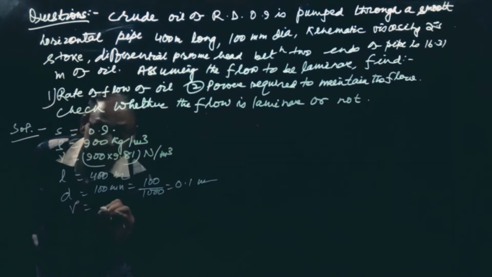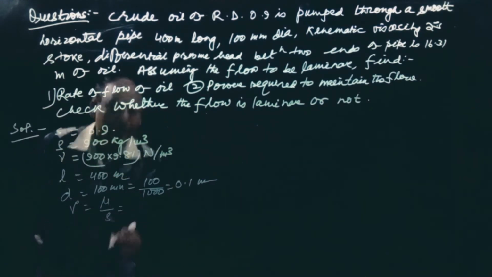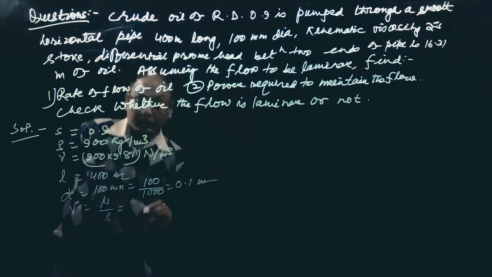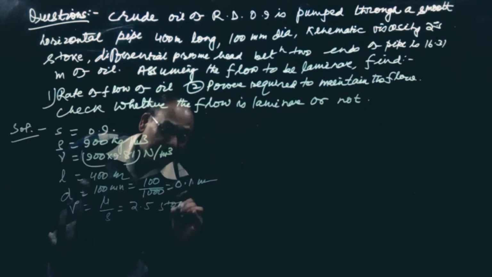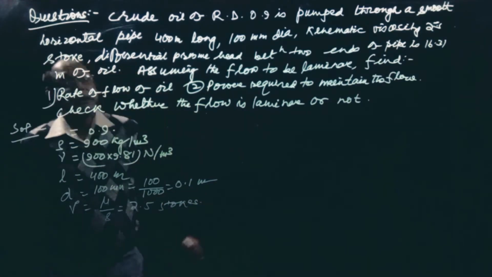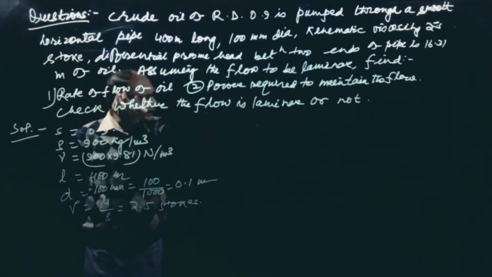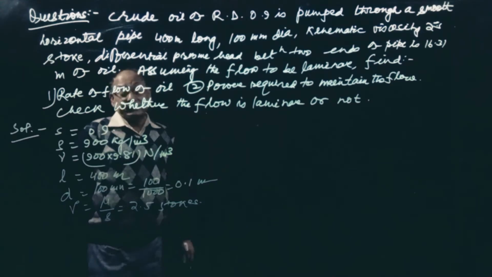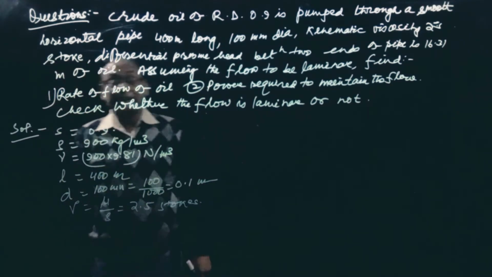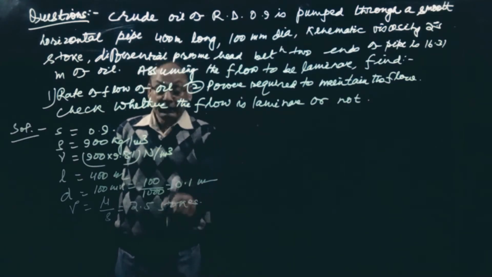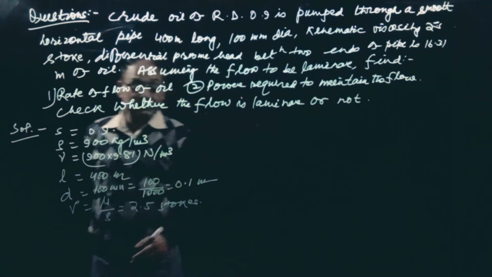Kinematic viscosity nu is equal to mu by rho, and it is 2.5 stokes. Here it is not the standard unit. Absolute viscosity is given in poise, and kinematic viscosity is given in stokes. So it has to be converted.